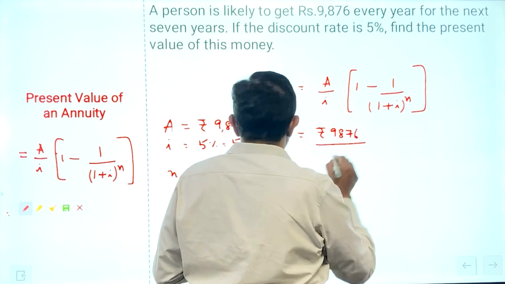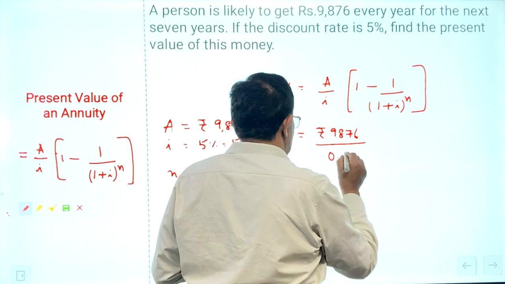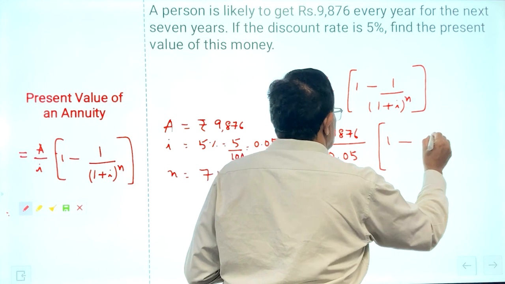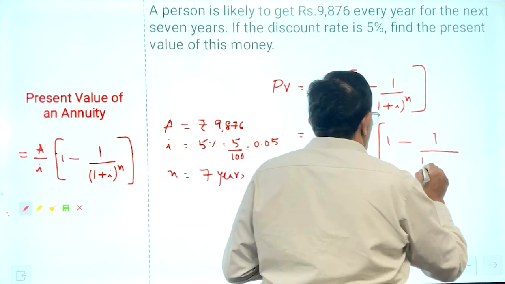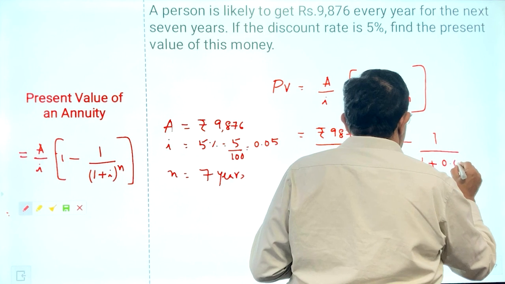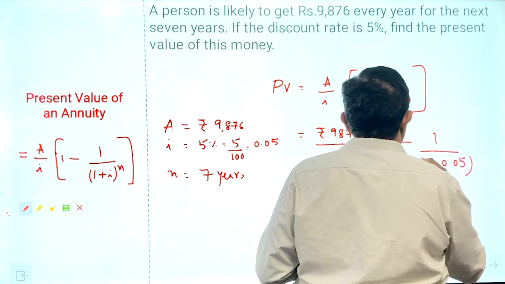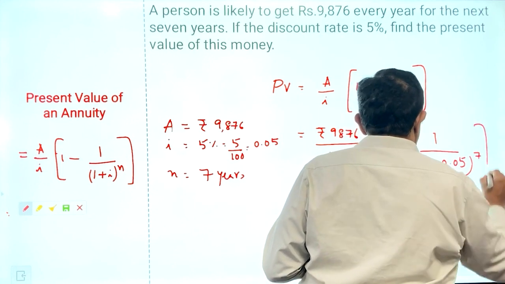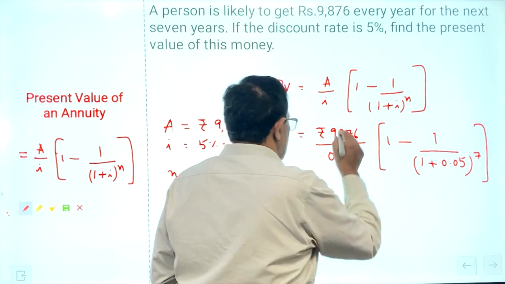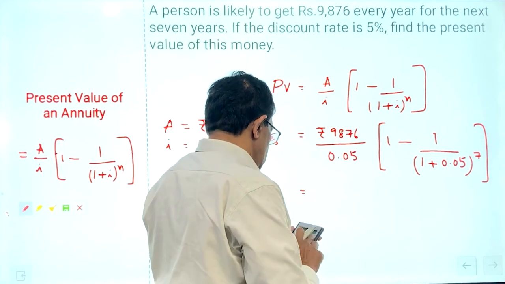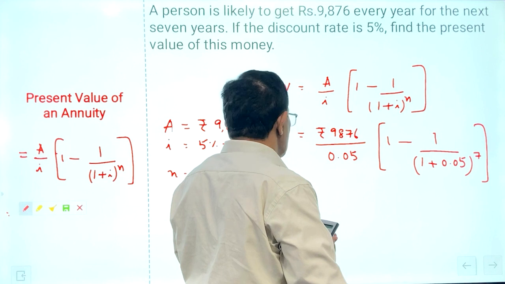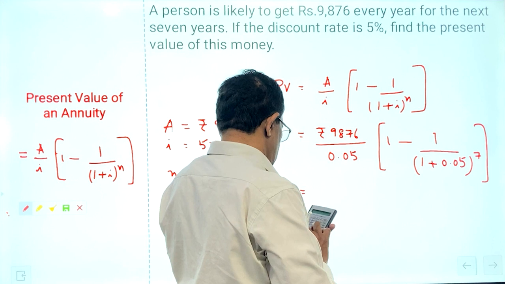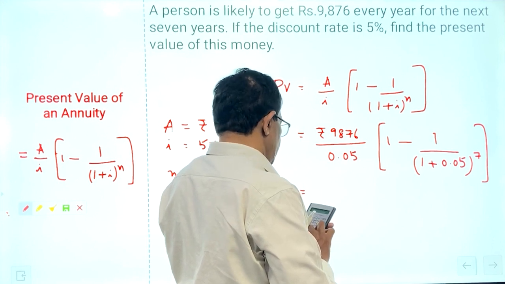divided by 0.05 multiplied by 1 minus 1 divided by 1 plus 0.05 whole to the power of how many years? 7 years. So let us find out the values here. Now it is given as 9876 divided by 0.05.